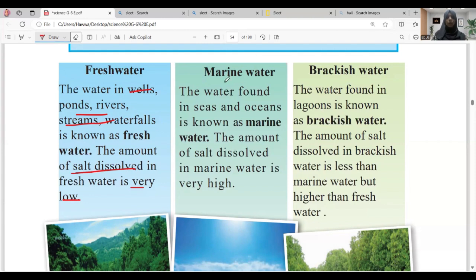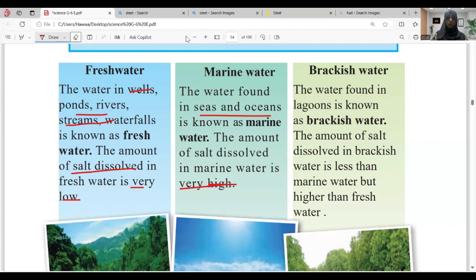Next we have marine water. In marine water, the salt dissolved is very high. The best examples for that are sea and ocean. All of us know sea and ocean have so much salt in the water. That is where we get salt also, sodium chloride.